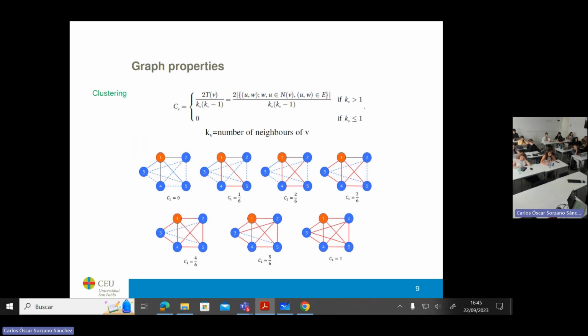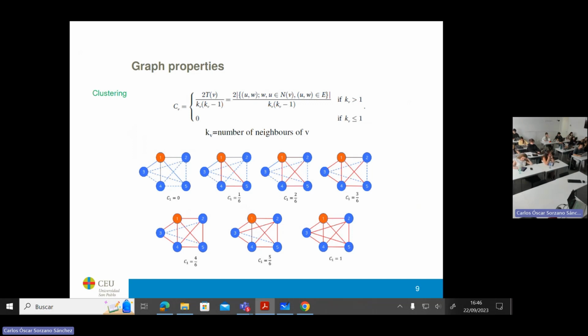And you can also have different graph properties. I can define the clustering feature of a node. Let's say we have a different graph, and I compute this ratio. Here k_v is the number of neighbors of V. So here, this node has 1, 2, 3, 4 neighbors.